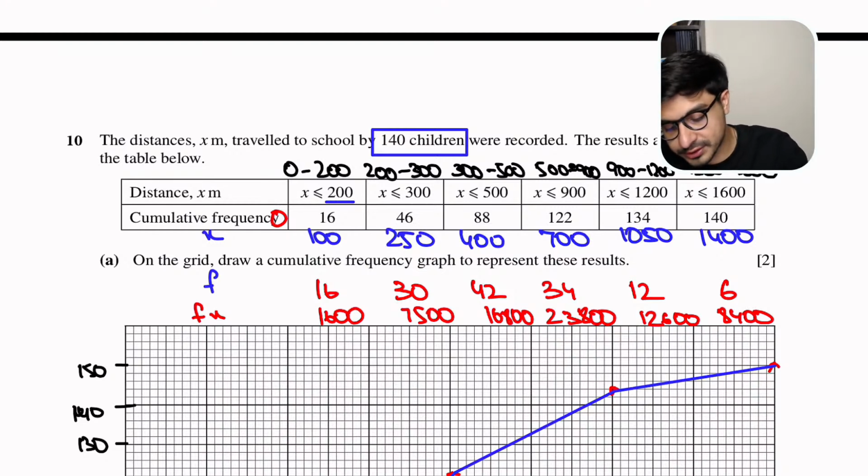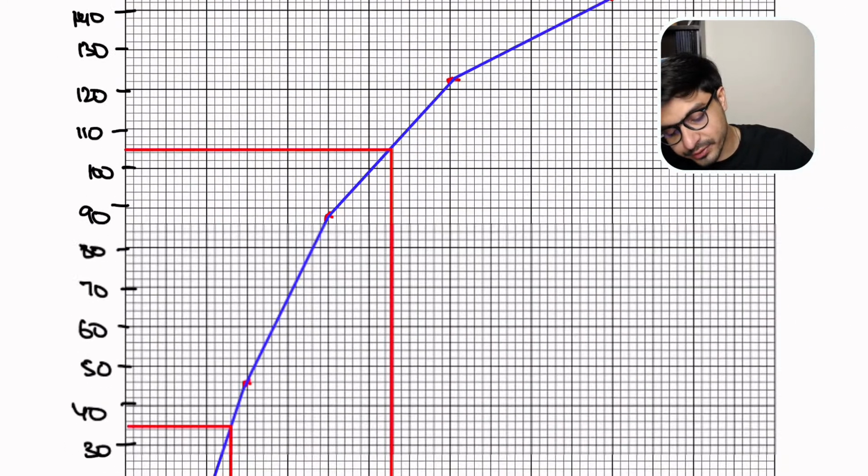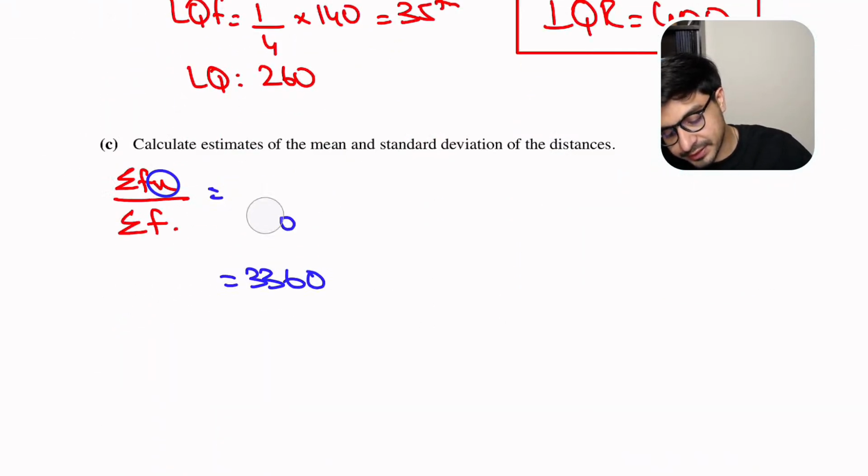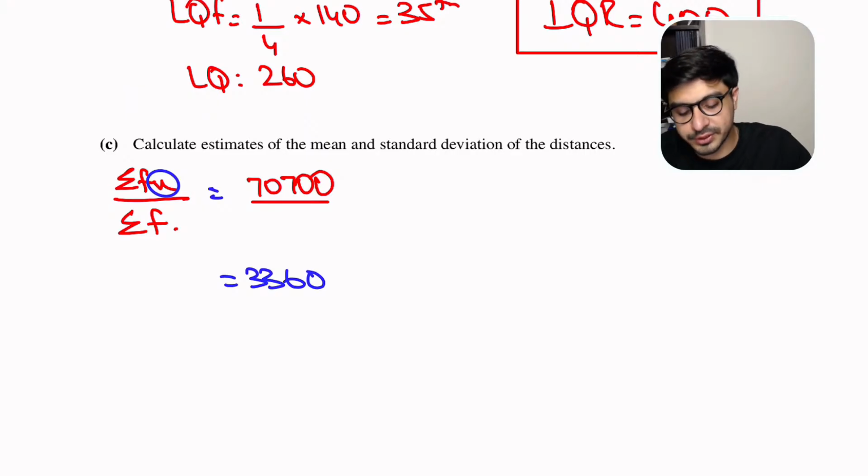So it is going to be what? 70,700, and that is going to be it. Right? Now we add all of these and divide it by the total. So 70,700 is the sum of all the fx values. So it's going to be 70,700 divided by the total of frequency. The total of frequency is what, guys?